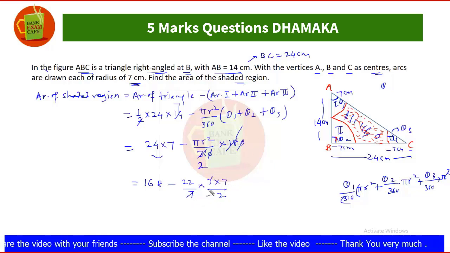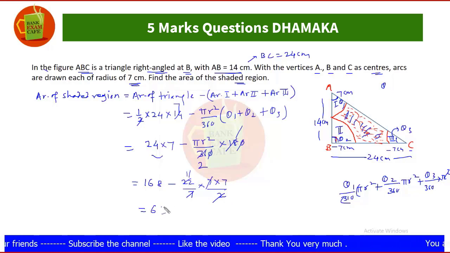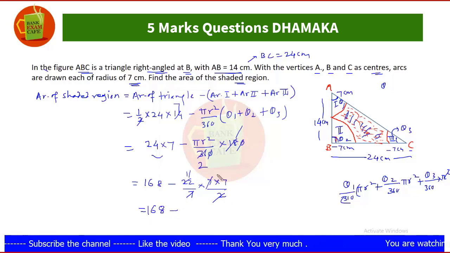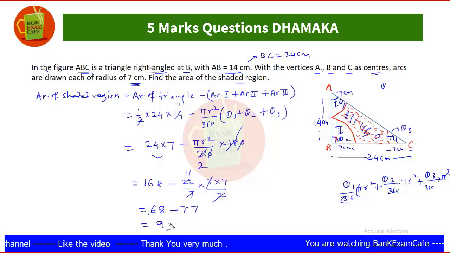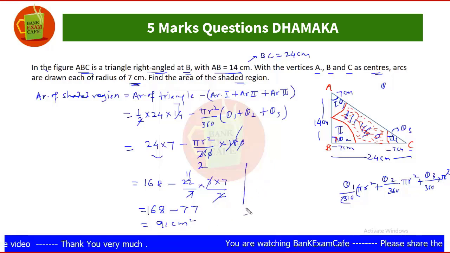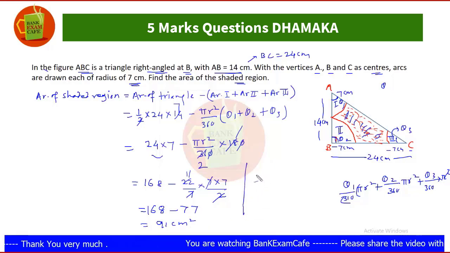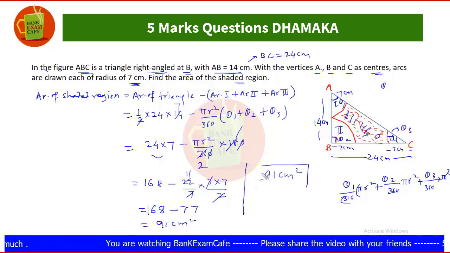So this 7 and 7 will get cancelled, 2 11s are 22, so which is 168 minus 77, and that is equal to 91 square centimeter, and therefore the required area of the shaded region is equal to 91 square centimeter.